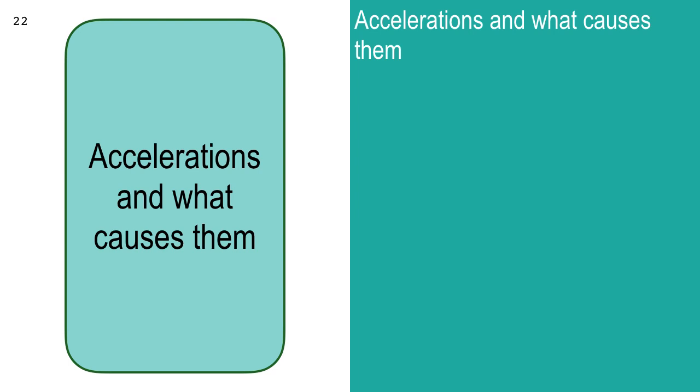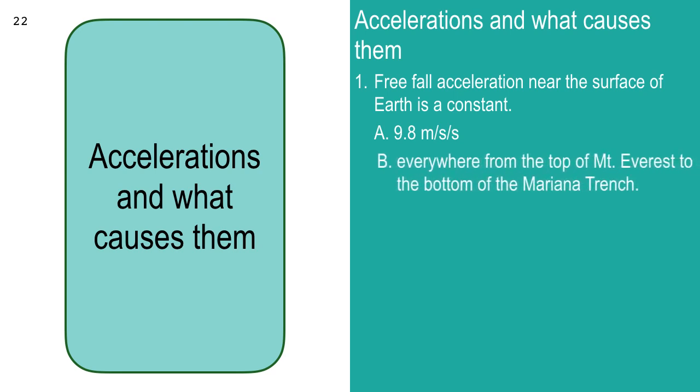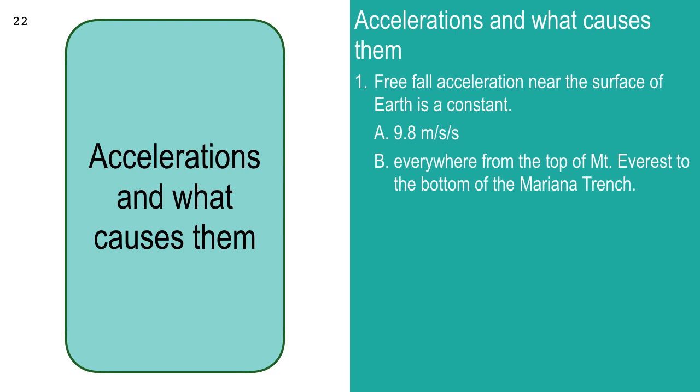So, accelerations, let's talk about this for a minute. What causes them? Now we know a free fall acceleration at the surface of the earth, good old 9.8 meters per second squared. Now that's a constant, or we consider it to be a constant. In reality, the acceleration due to gravity is a little bit different at the top of Mount Everest compared to the bottom of the Mariana Trench, because it does change with distance from the center of the earth, the center of your gravitational object.